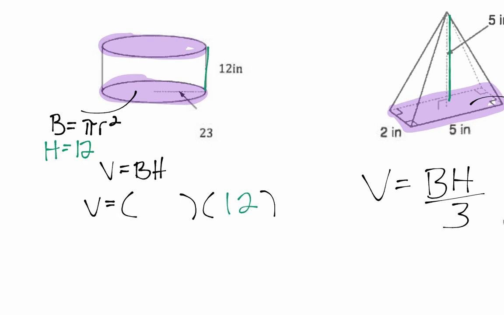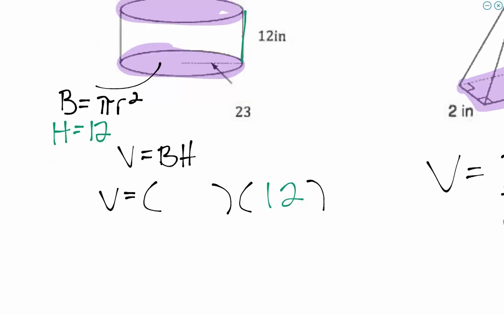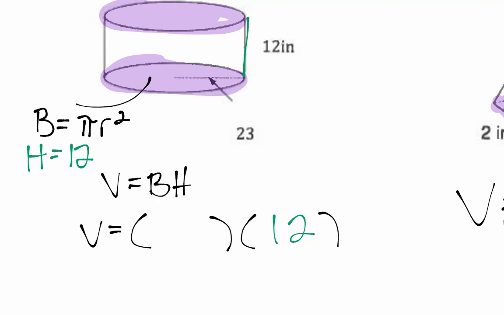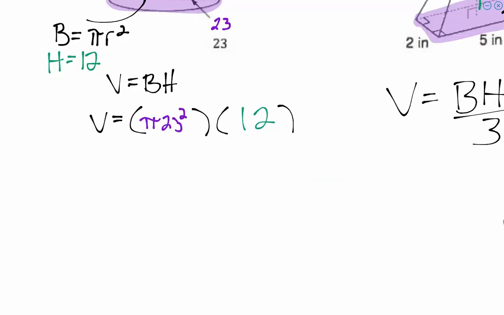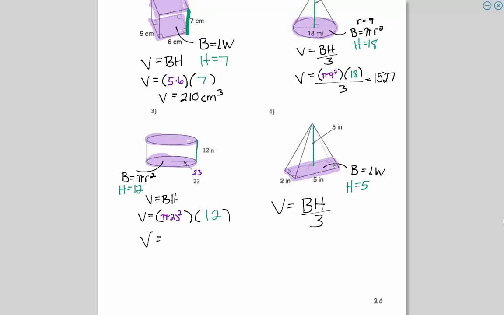My height is 12. My B value, it looks like R here is 23. So this is going to be pi r squared. So 23 squared times pi times 12.